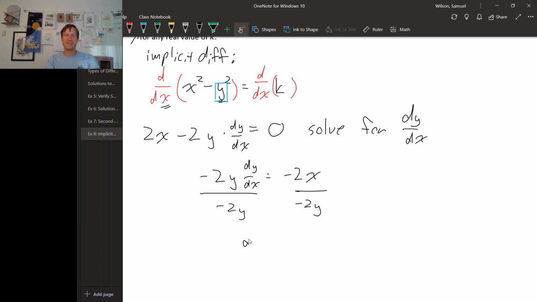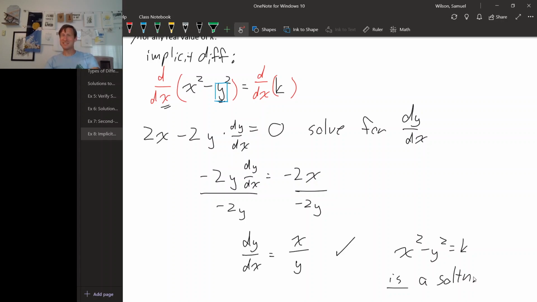And when we simplify this, we get dy dx equals x over y. But that was our original differential equation. So yes, the equation that we started with, x squared minus y squared equals k, is a solution to the differential equation. So as you can see, depending on exactly how your differential equation shows up or what its order is, solutions to differential equations can take many forms.